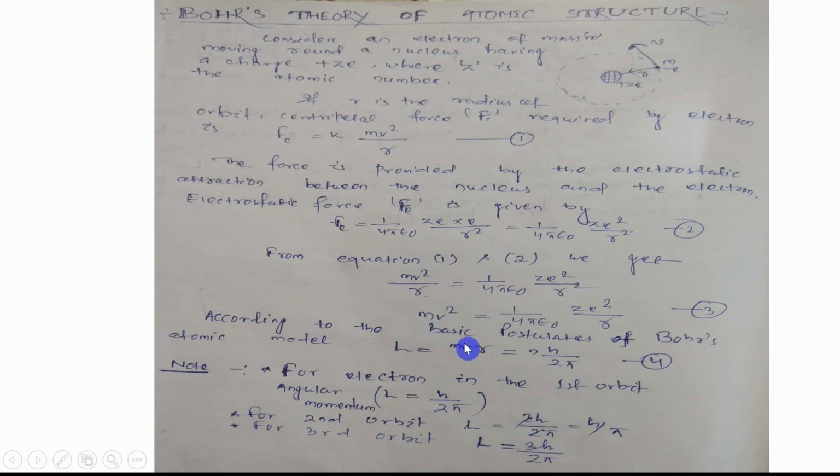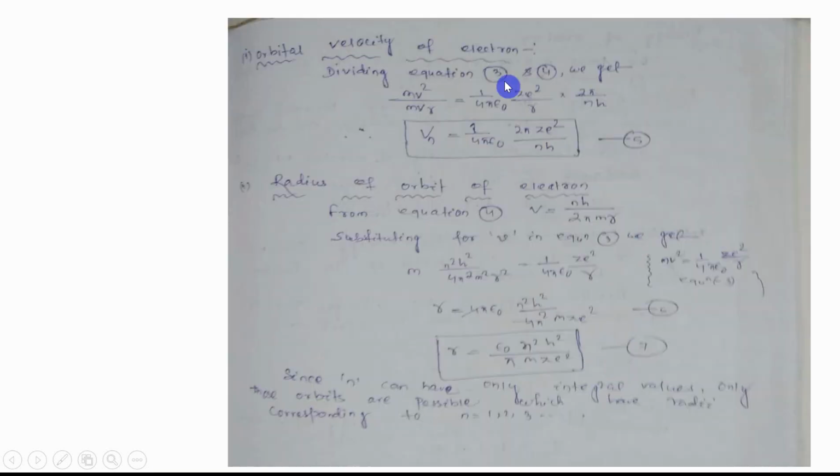So mv²/mvr = [(1/4πε₀) Z²e²/r] divided by nh/2π. We simply divide. So mv²/mvr = (1/4πε₀) Z²e²/r into 2π by nh.